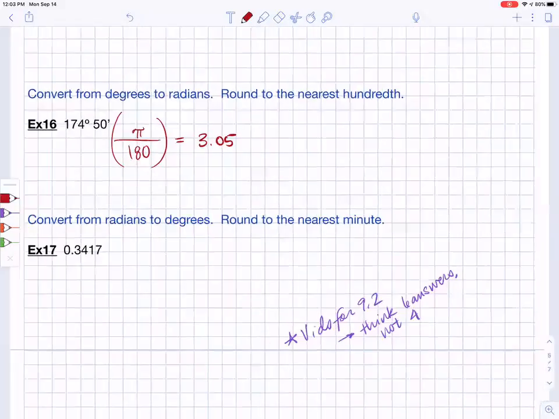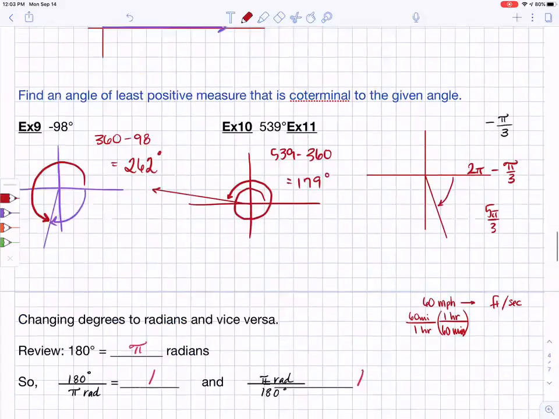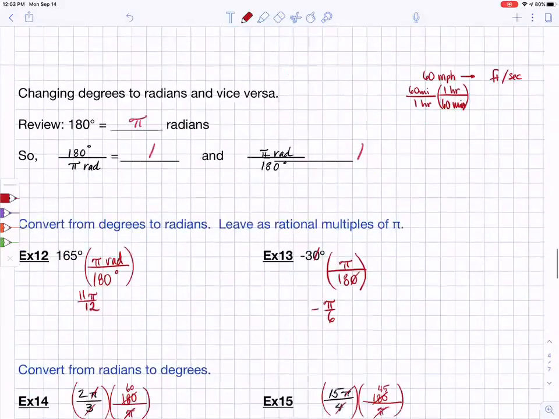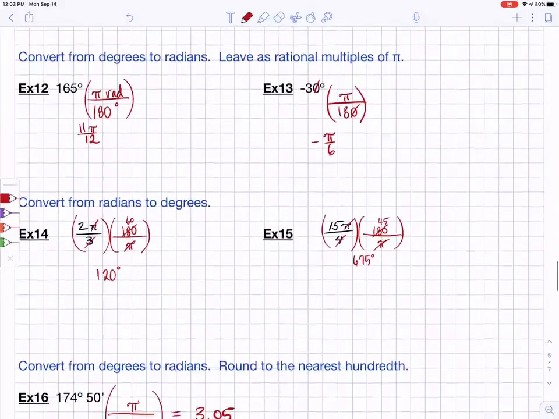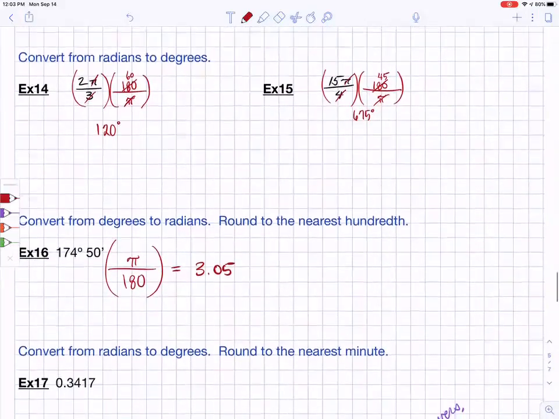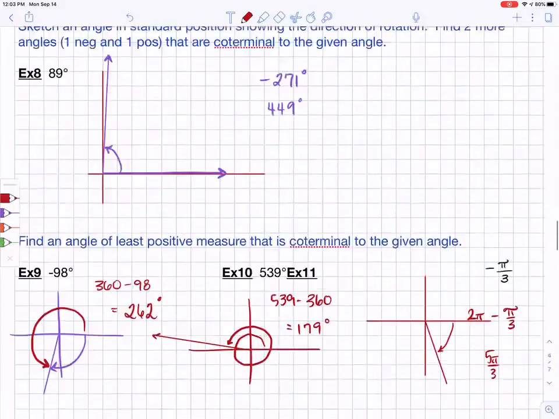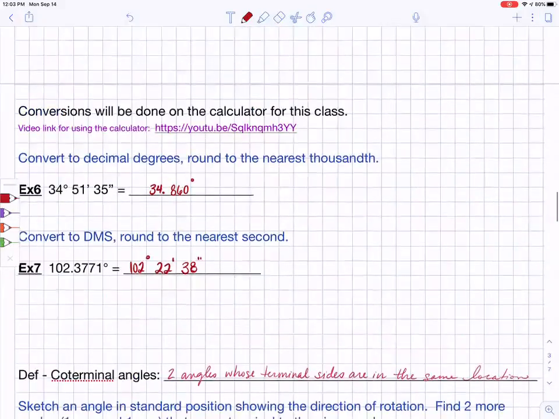Can I direct you back to a question that we did just a couple of minutes ago? My brain said, come back to this. Aha, number 7.